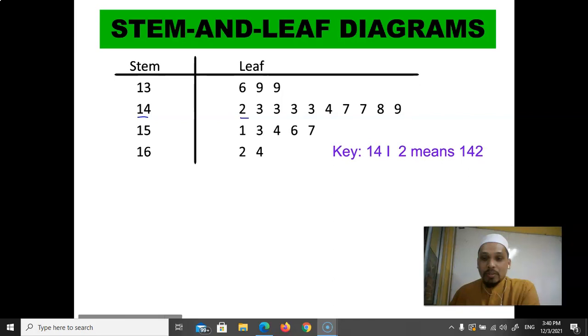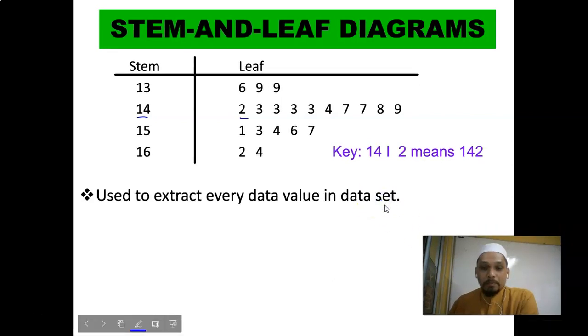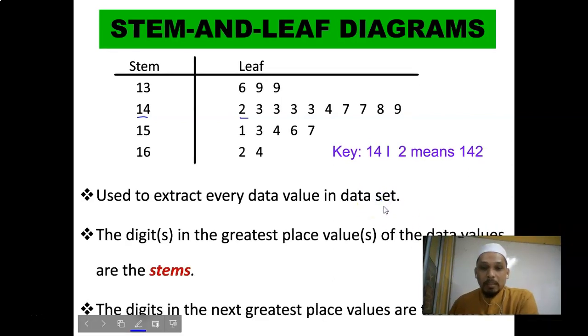Okay, so if I imagine this, we call the raw data for this stem and leaf. We call this data that has been arranged in the stem and leaf diagram.